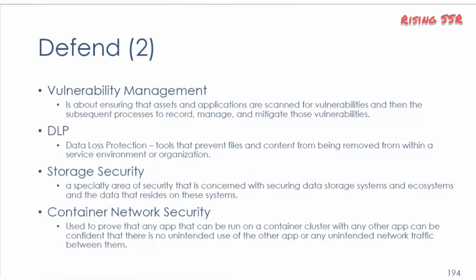So ensuring that the container network security is not compromised, we need to take utmost care of it. And how we take care is by setting appropriate policies, network policies at a container level regarding what can access, who can access the container resources.